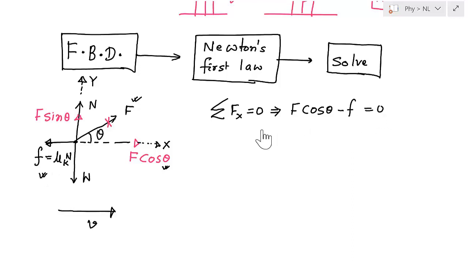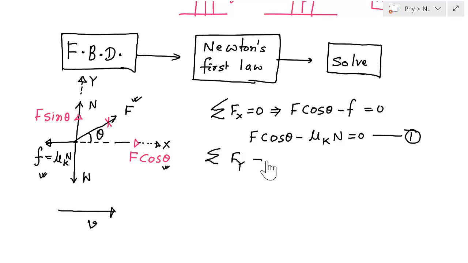The f value is known, so we can further write F cos theta minus mu k times N is equal to 0. This is my equation number 1. We can write equation 2 by considering equilibrium in the y direction.